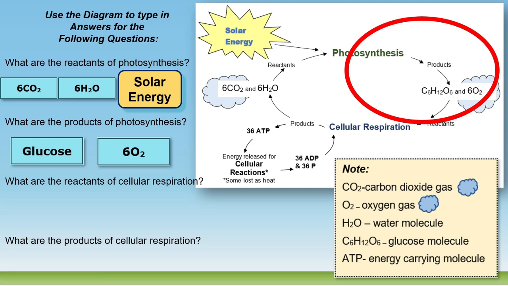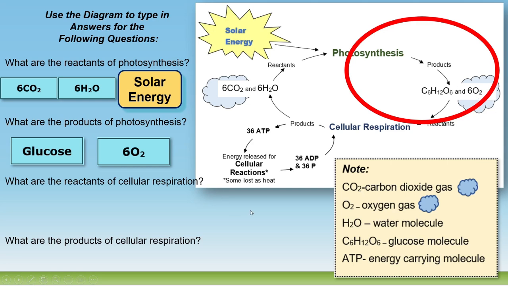It is C6H12O6, that's glucose, plus 6O2 molecules. O2, that's oxygen. Photosynthesis takes carbon dioxide, water, and solar energy and produces glucose and oxygen.